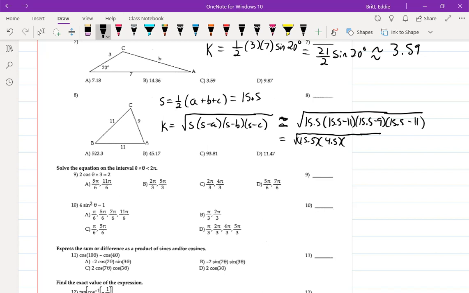And then 15.5 minus 9 is 6.5. Then again, 15.5 minus 11 is 4.5. All right, so now I'm going to say the square root of 15.5 times 4.5 times 6.5 times 4.5.